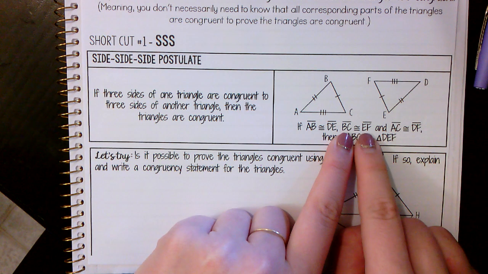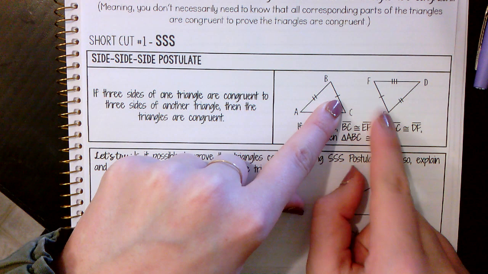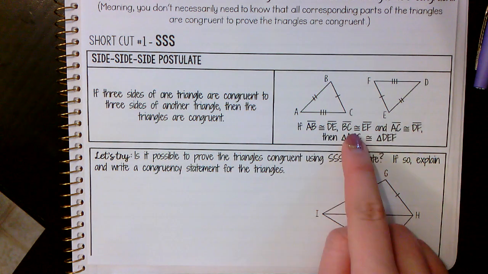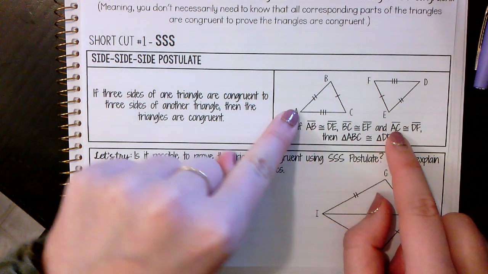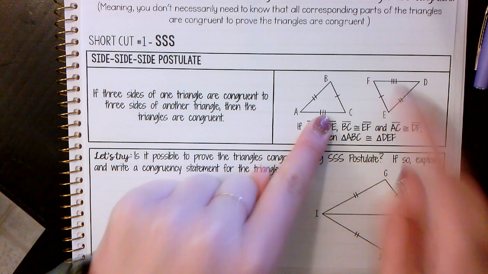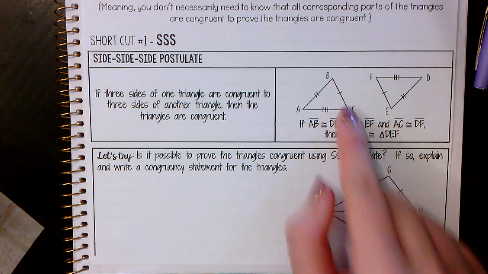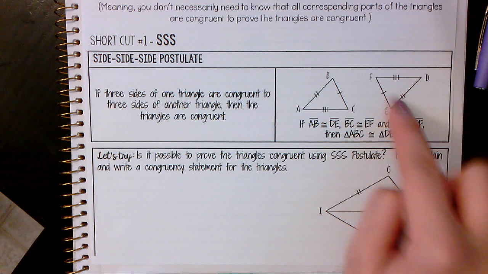Side BC and side EF both have 1 line through it. They're congruent. And then AC and DF both have 3 lines through it, so they're congruent. Meaning that this triangle ABC is congruent to DEF.